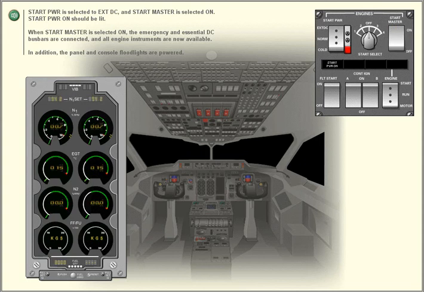Start power on should be lit. When Start Master is selected on, the emergency and essential DC bus bars are connected and all engine instruments are now available. In addition, the panel and console floodlights are powered.